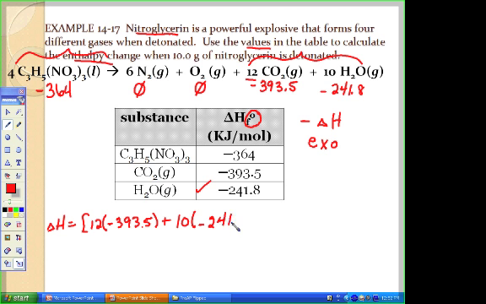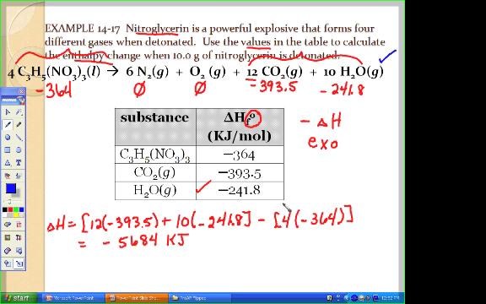Minus 241.8. And then minus 4 times minus 364 kilojoules. If we did that mathematics, we get minus 5684 kilojoules.